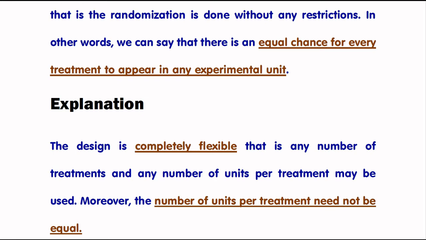Moreover, the number of units per treatment need not be equal. It means if we have 9 data points and we have 2 treatments, one treatment may appear 6 times and the second may appear 3 times in the experimental units. So the number of units per treatment need not be equal.